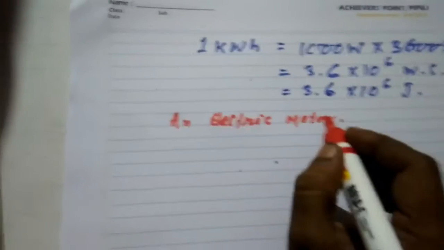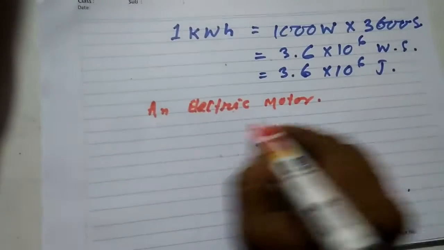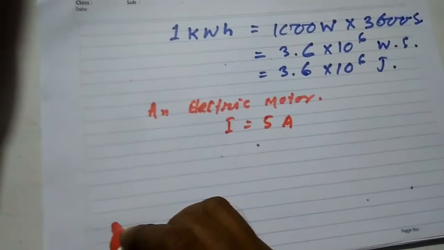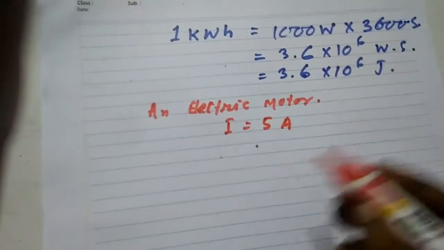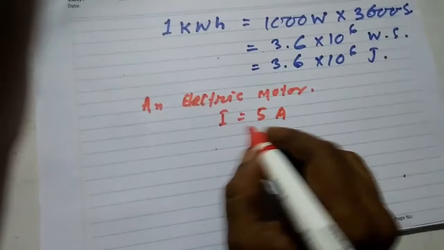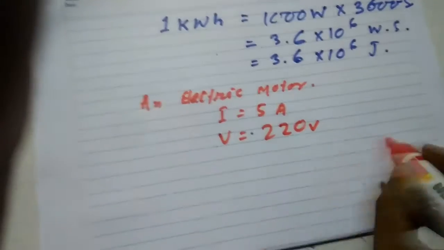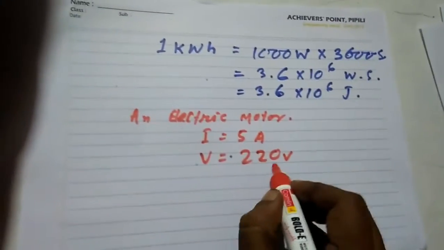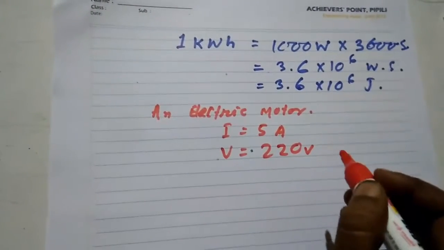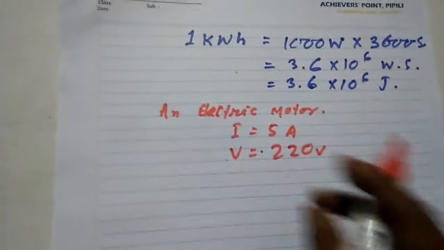It draws a current of 5 ampere from a potential difference supply of 220 volt. So V equals 220 volt. Let's calculate the power of the motor and the energy consumed in a month.